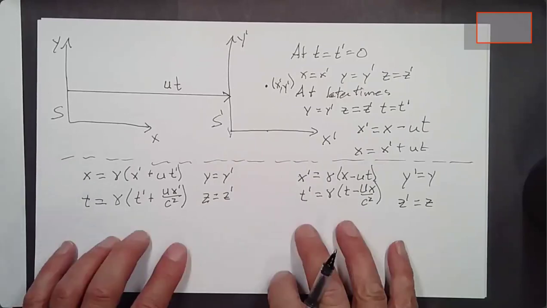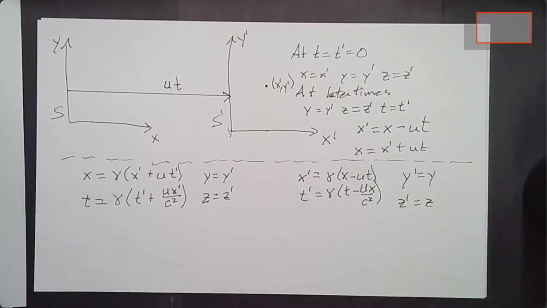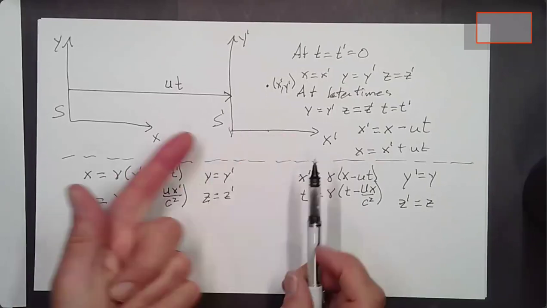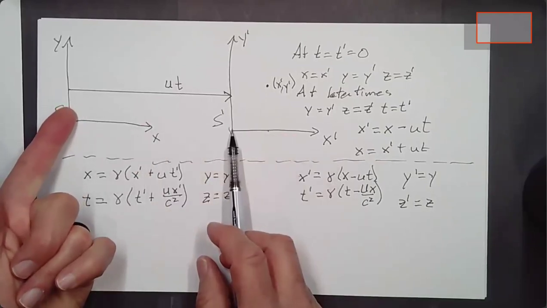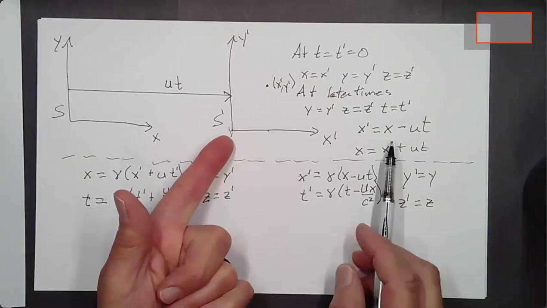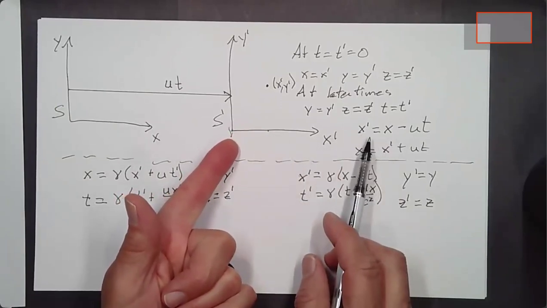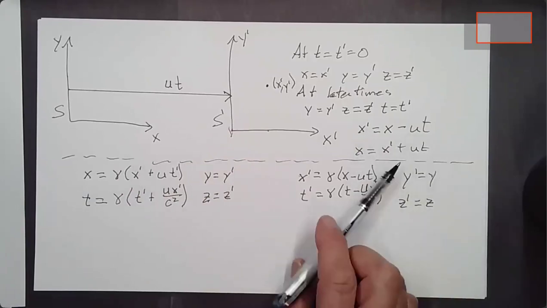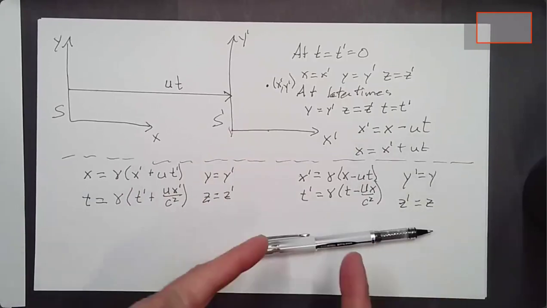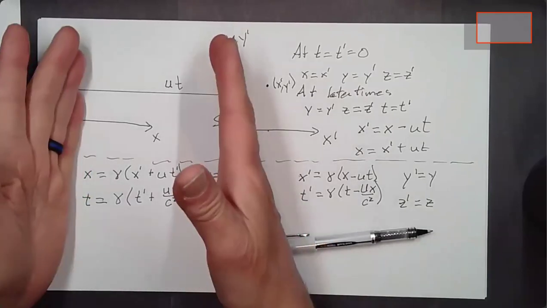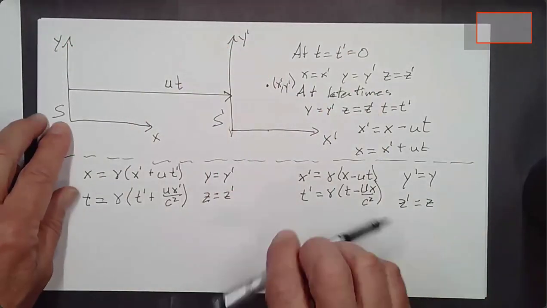So that's what these are going to look like. And we'll do some problems that deal with this, but we're also going to deal with velocity. We're going to do several examples dealing with velocity transformations and see what happens. If you imagine a rocket ship moving away at 3/4 of the speed of light, and it launched something moving away from it at half the speed of light, according to the Galilean transformations, the speed relative to this thing would be 3/4 plus 1/2, which is 1 1/4 times the speed of light.